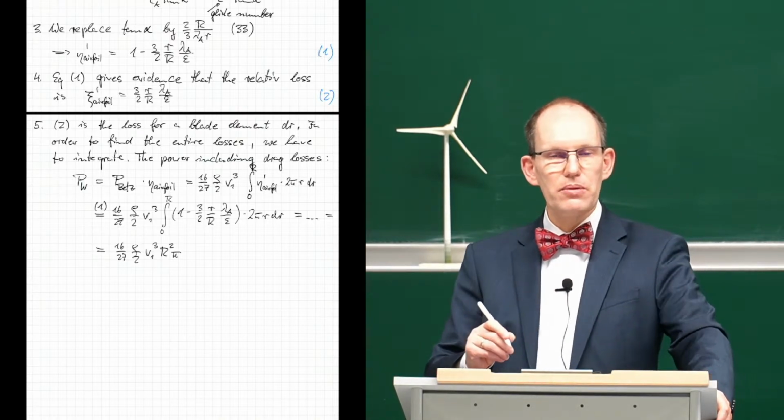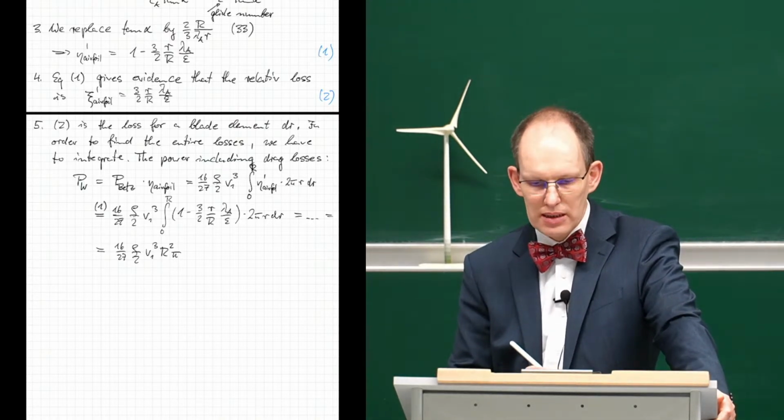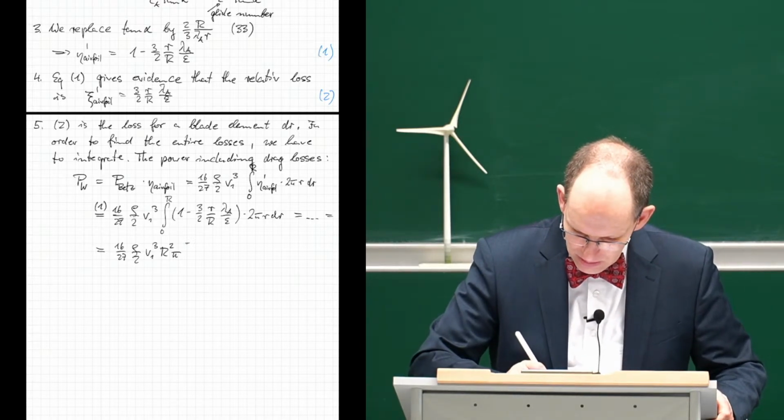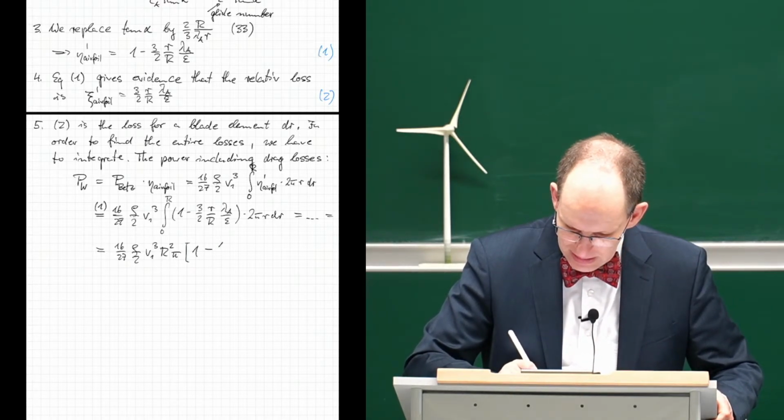This is what we would have without the losses, right? And now with losses we have 1 minus lambda A over epsilon.